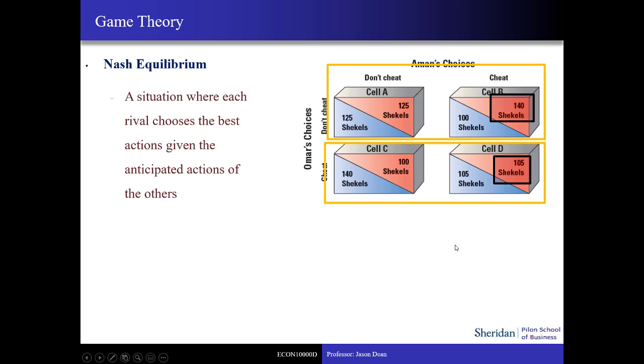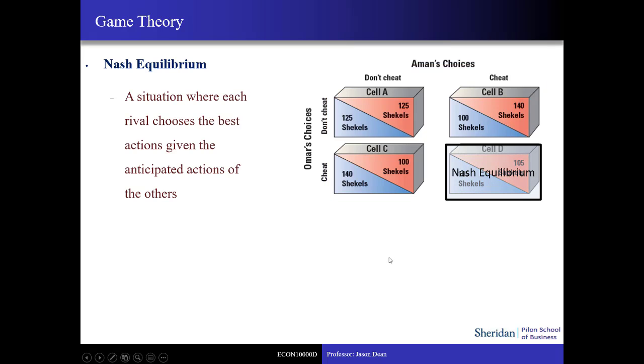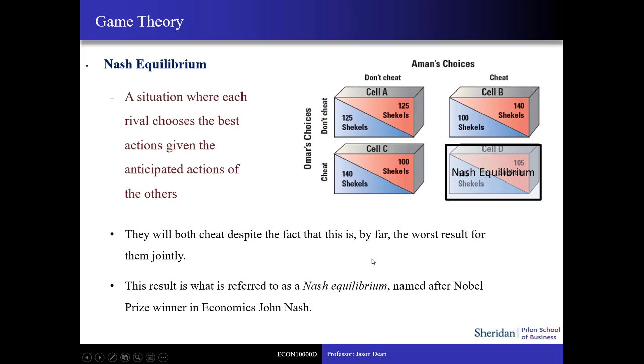And so in this case, if I left these boxes I put on, we would end up having two boxes in cell D, and that would indicate the Nash equilibrium. So if they're thinking rationally and considering the anticipated actions of the others, if they go through this thought process, then their best option is both should cheat.